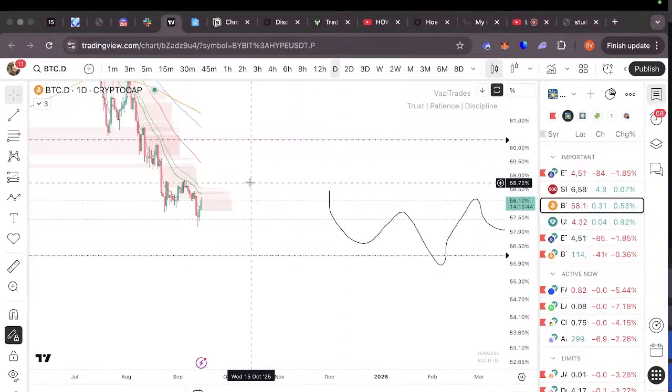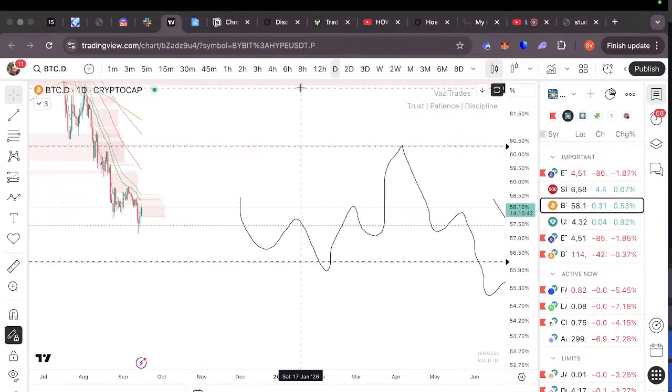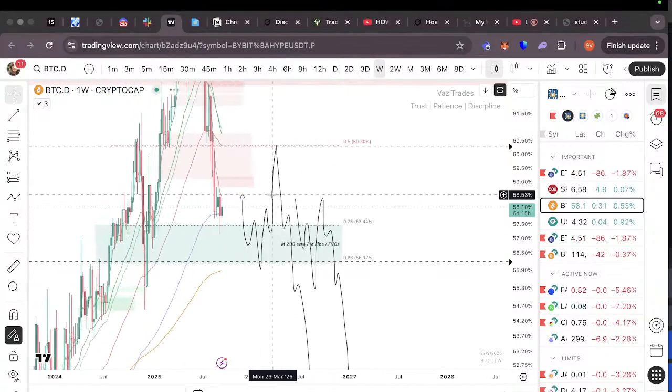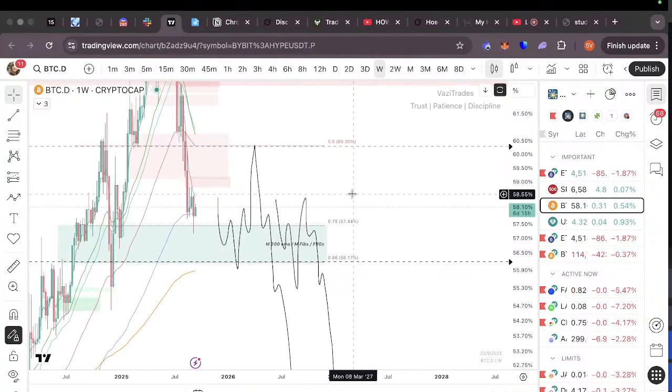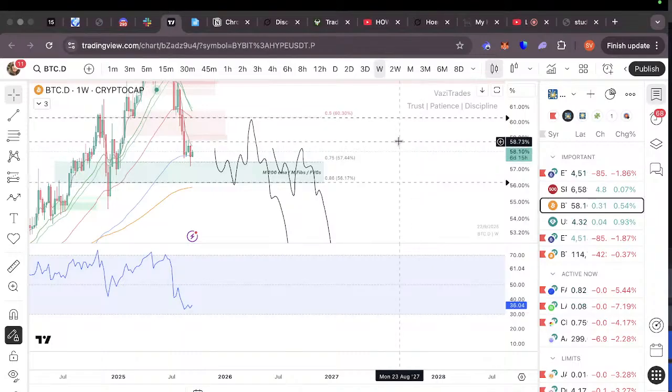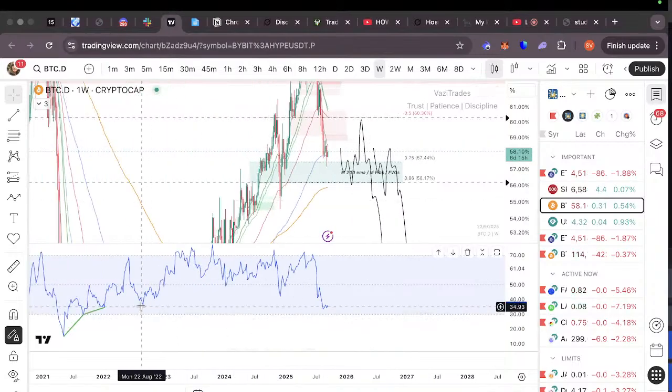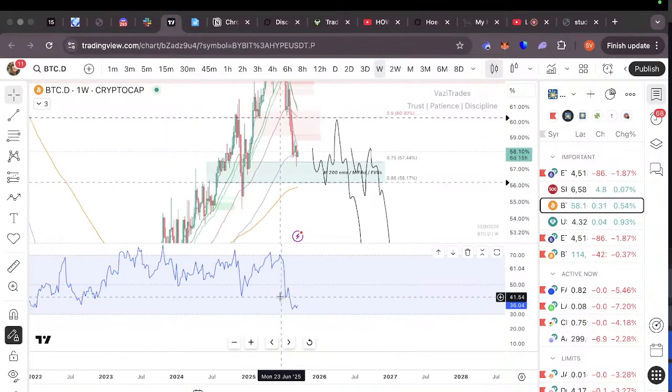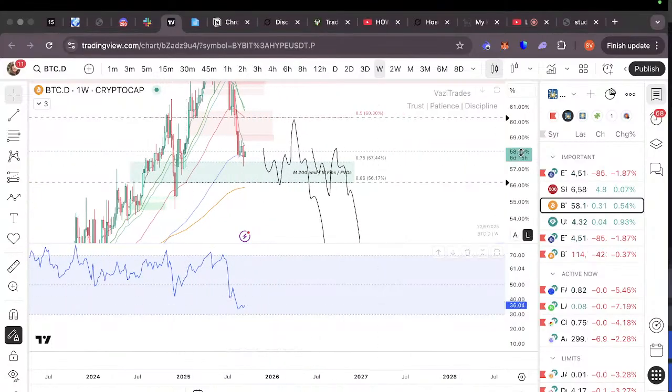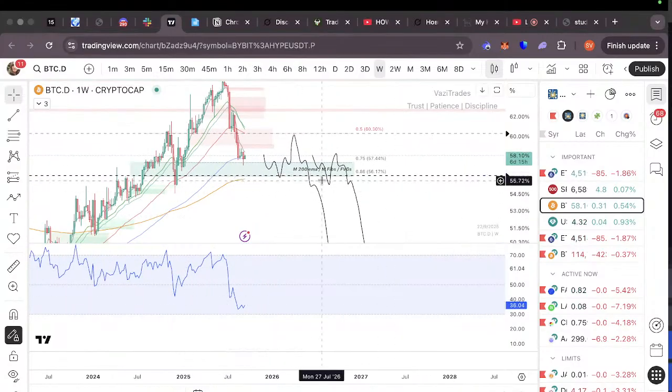So what is next? The same technique as I told you on the previous charts. Just a second, I'm checking some things. Okay, the same technique.